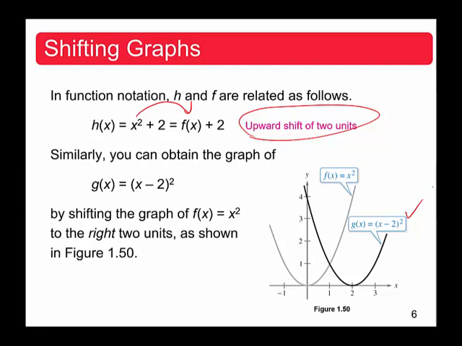If you're adding or subtracting a constant from the x value itself, then you're going to have a horizontal shift. Subtracting 2 means shifting to the right 2 units.